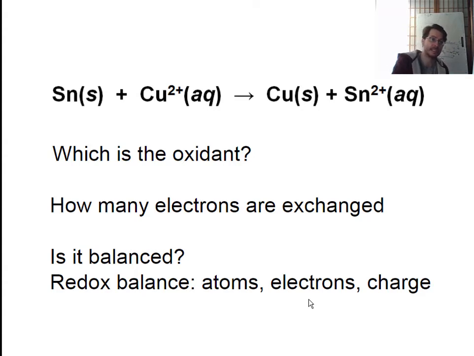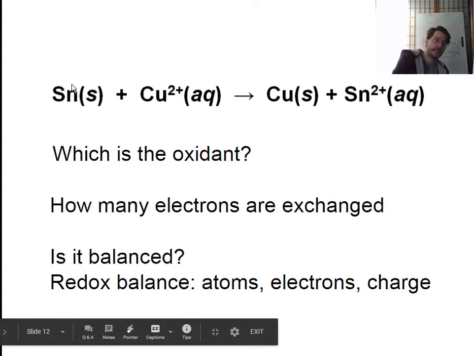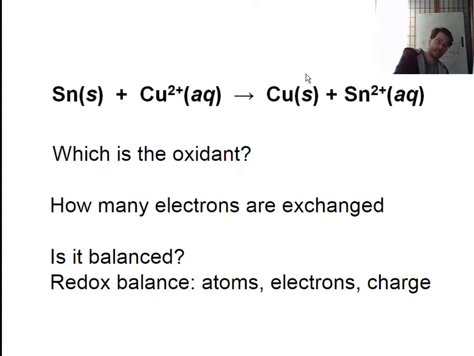All right, we can see tin has a 0 oxidation number. This copper has a +2 oxidation number. This copper has a 0 oxidation number. This tin has a +2 oxidation number. Right? So, what's the oxidant? Is the tin being oxidized or reduced? Again, when we talk about the tin being oxidized or reduced, we compare to the starting material.